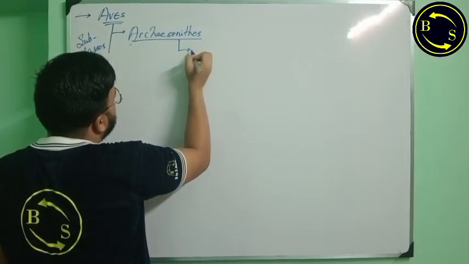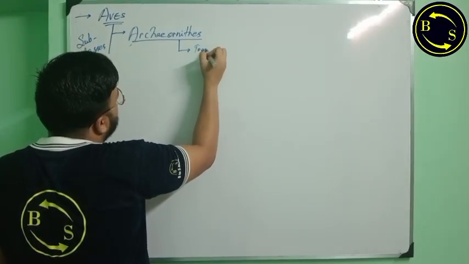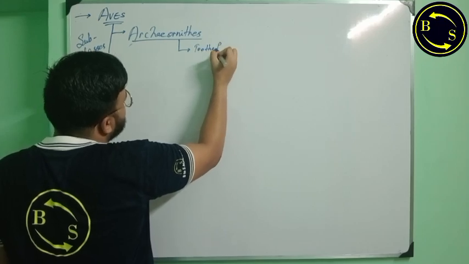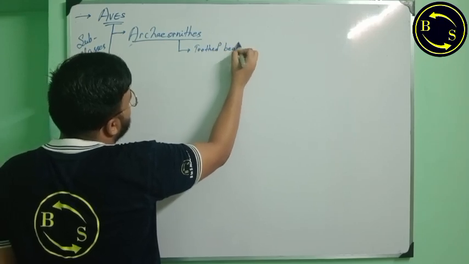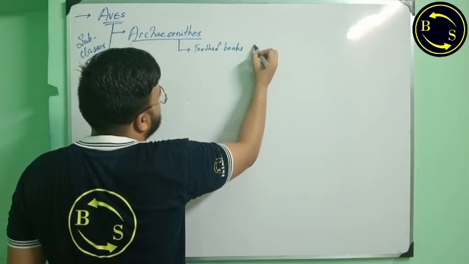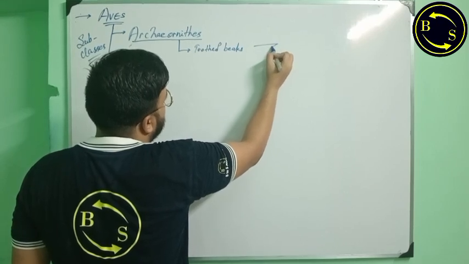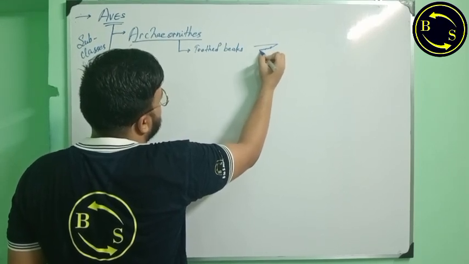They had toothed beaks. Their beaks were like jagged prongs, okay, like this.